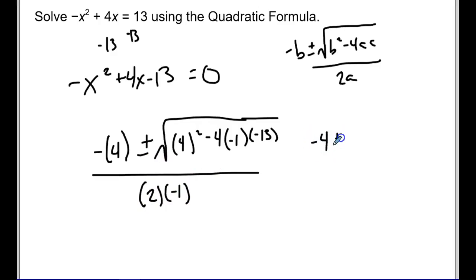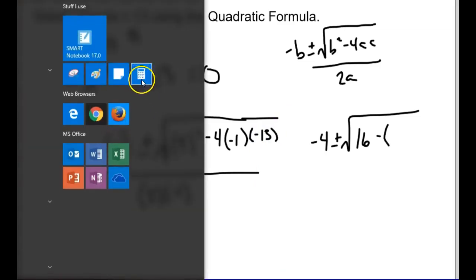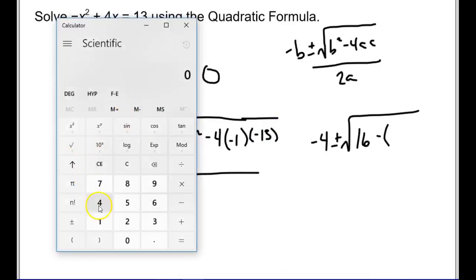So I have negative 4 plus or minus the square root of 16 minus, and now I have 4 times a negative 1 gives me negative 4, times a negative 13, which gives me a positive value. And I don't, off the top of my head, know 4 times 13.